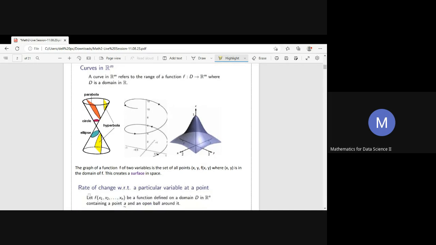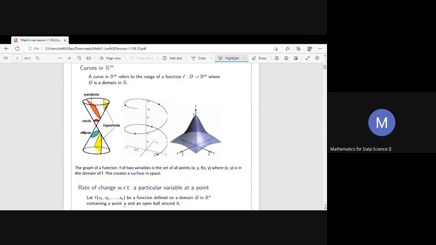Okay, and what is rate of change with respect to a particular variable at a point? So rate of change at a particular point. You consider a multivariable function f of x1, x2, ..., xn. I guess you all remember what is an open ball, right?